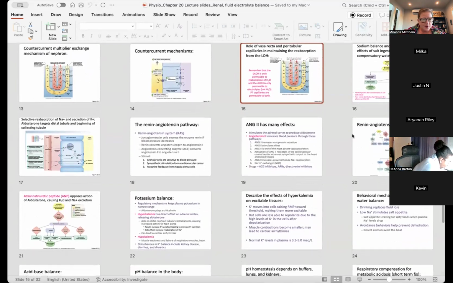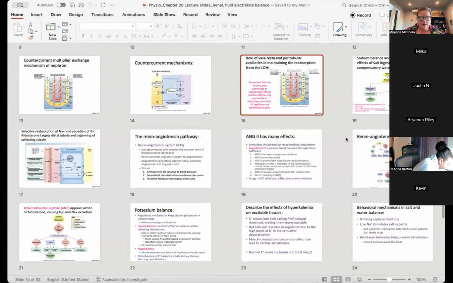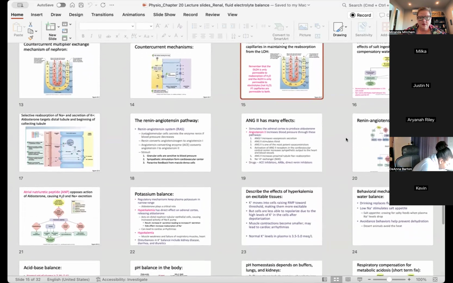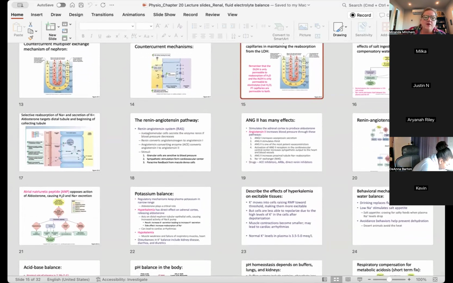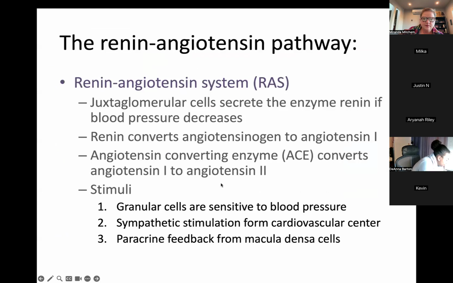Okay, so let's review the renin-angiotensin pathway. I'll start here. This is happening through that region where the macula densa and granular cells are located, in terms of where we're located on the nephron.